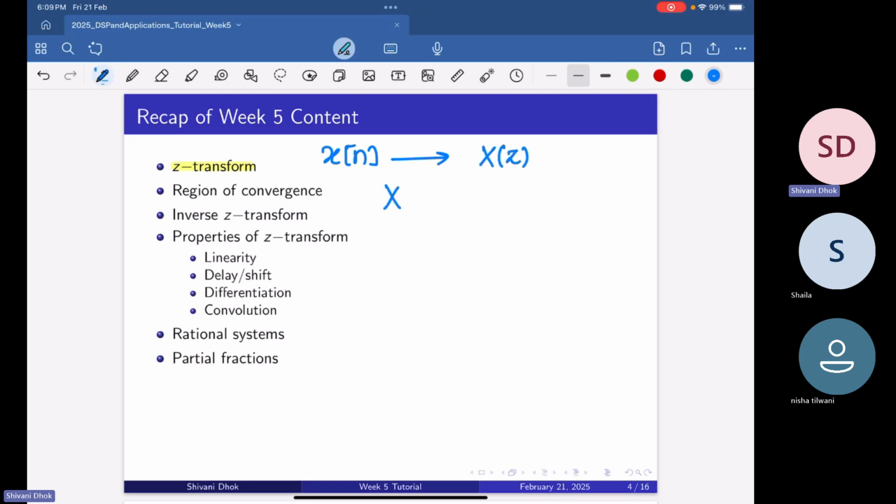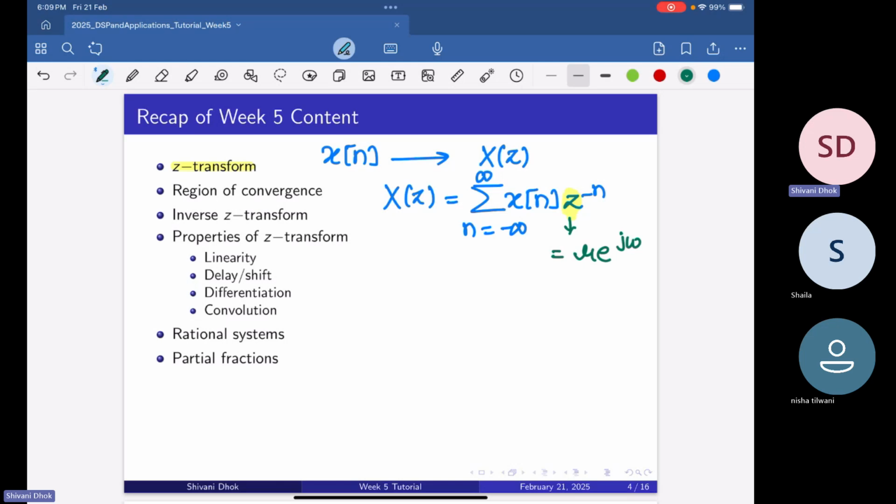So this x of z is given by summation running from minus infinity to infinity x of n into z to the power minus n, where this z here is equal to r into e power j omega.